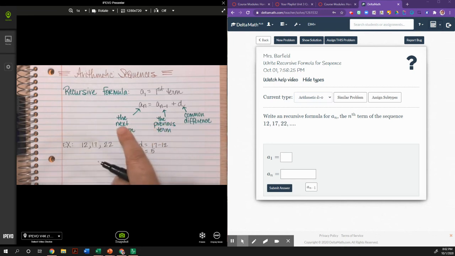Now the question is what do I do with this previous term and this next term? How the recursive formula works is it tells me how to generate the next term in the sequence.